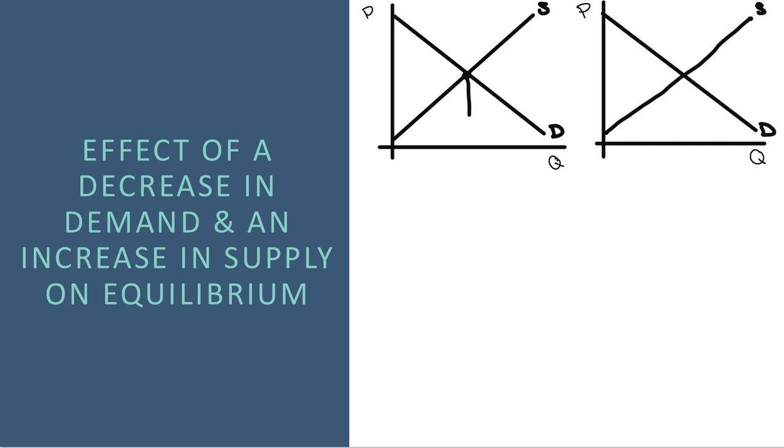We need our equilibrium points so that we know what we're comparing it to, because without something to compare it to, it's really hard to say if it went up or down. We need that point of reference. So first, we have a decrease in demand.